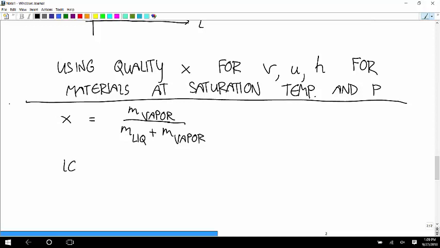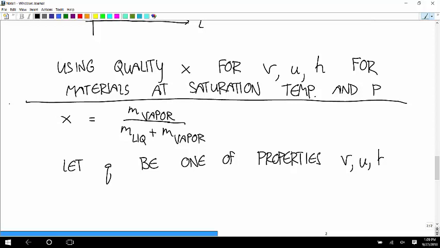So let lowercase q be one of the properties: lowercase v, lowercase u, lowercase h.